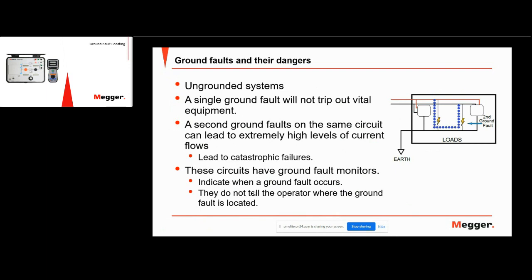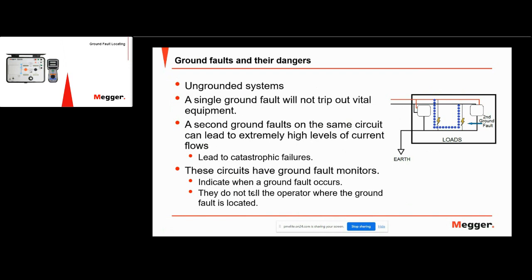And why do systems have this? What is the benefit of this? Well, these types of ungrounded systems are used where you have critical systems that can't trip offline. If you have a grounded system, then when you get a ground fault, a breaker trips and equipment goes offline.